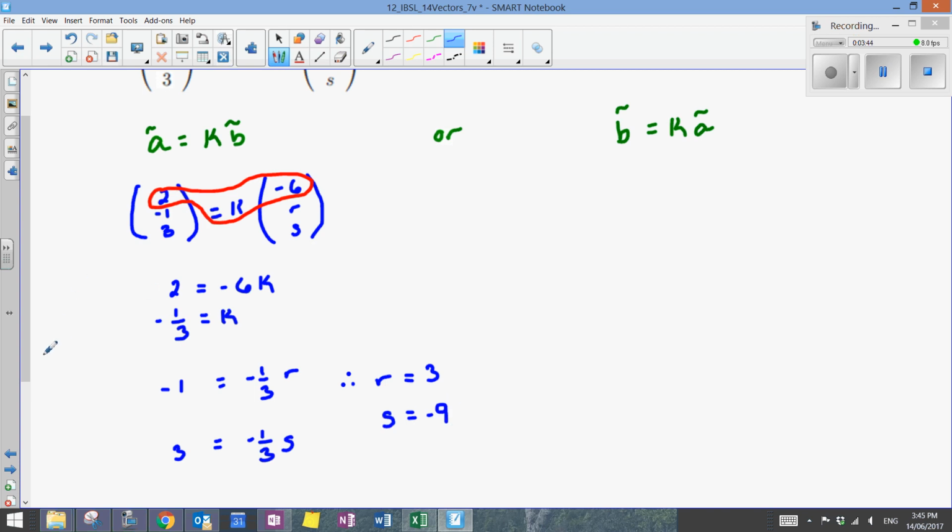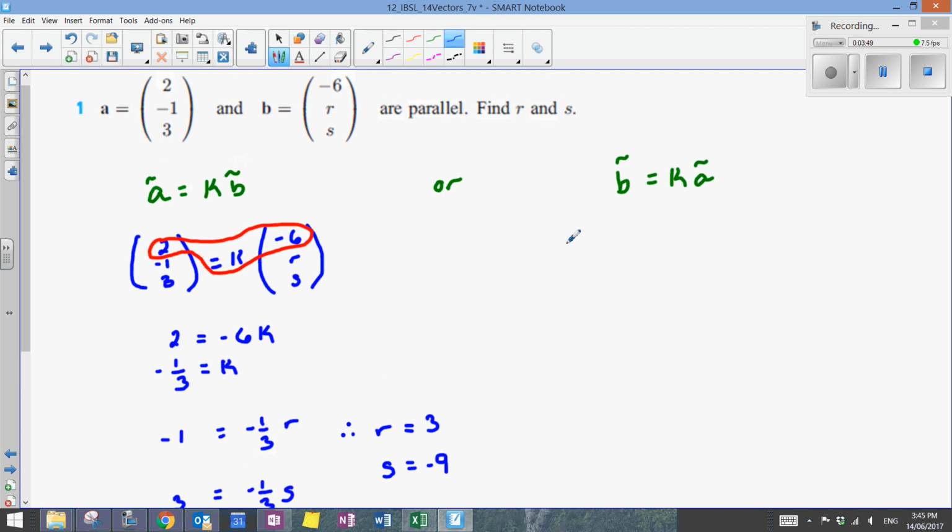Now, for the other person in the room who set this up in the opposite order, and said vector B, (-6, R, S), is equal to some scalar multiplied by (2, -1, 3). Then we can find our k value by saying -6 is equal to 2 times k, and here we get our scalar as -3.